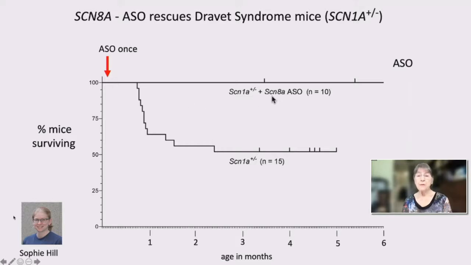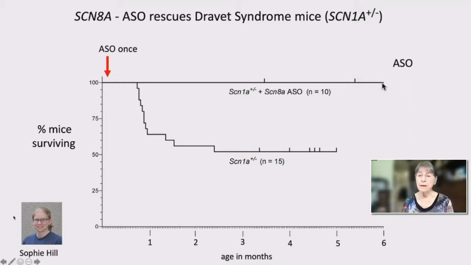However, the Dravet animals that received the single injection of the 8A ASO all survived, and they survived for 6 months and beyond. So in this case, a single injection was sufficient to rescue the mice completely.